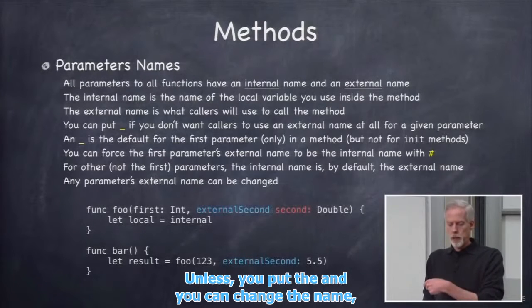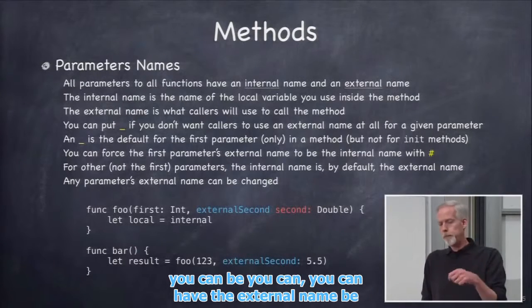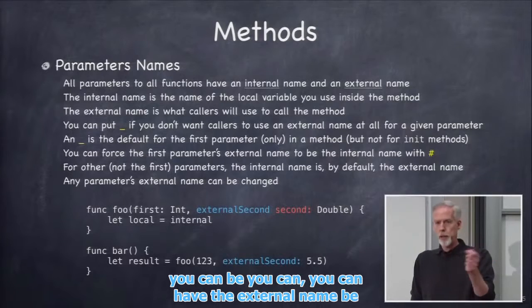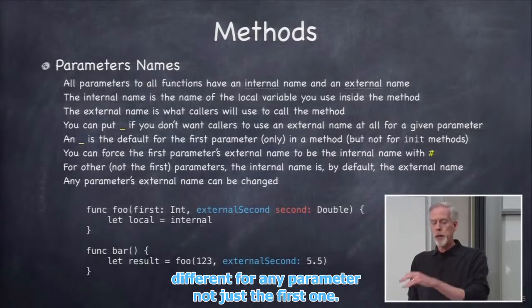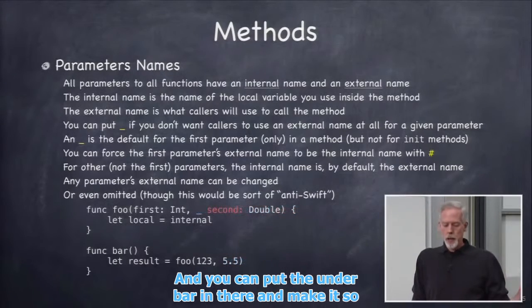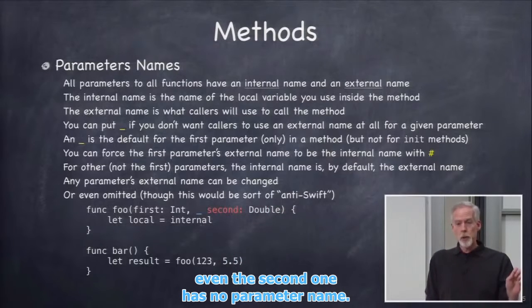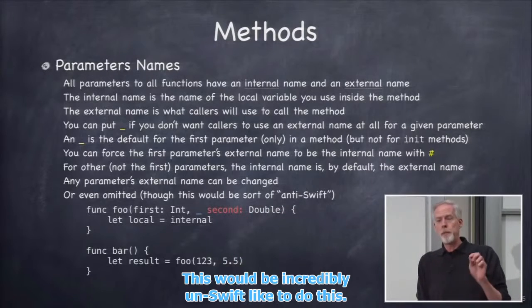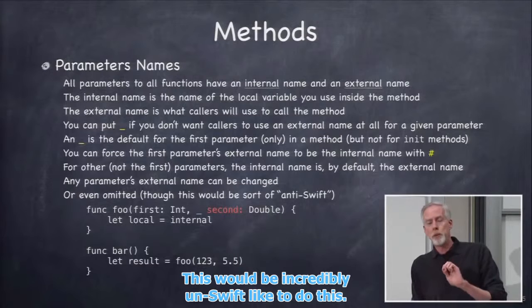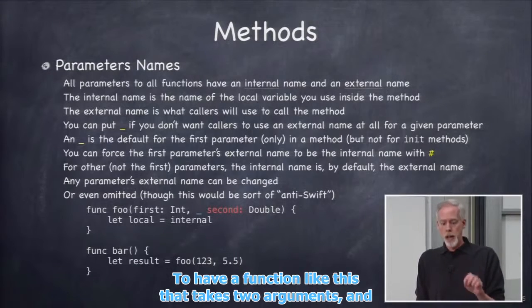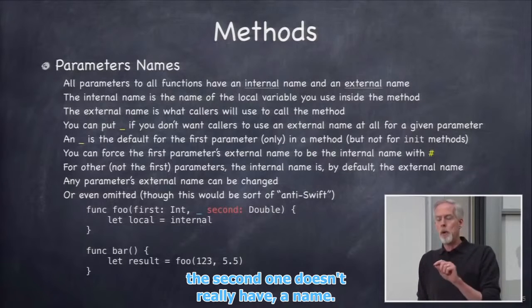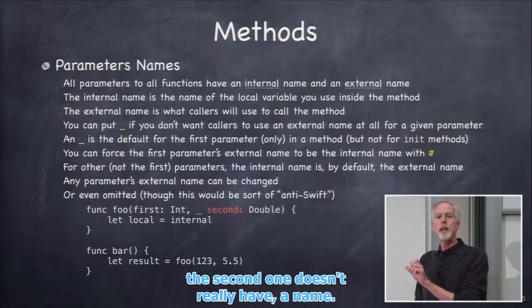You can change the name. You can have the external name be different for any parameter, not just the first one. And you can put the underbar in there and make it so even the second one has no parameter name. This would be incredibly un-Swift-like to do, to have a function like this that takes two arguments, and the second one doesn't really have a name.